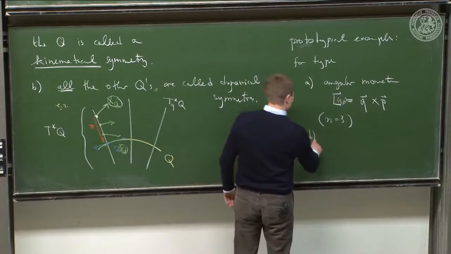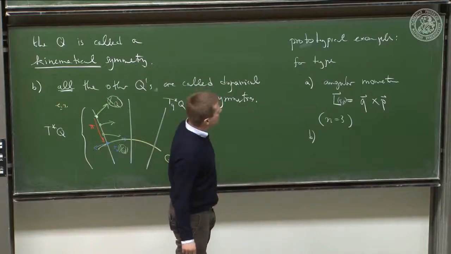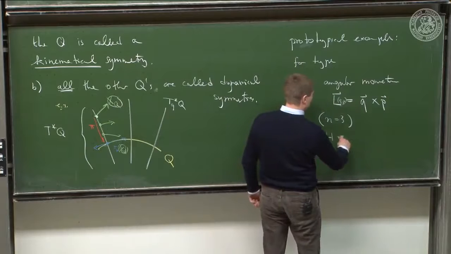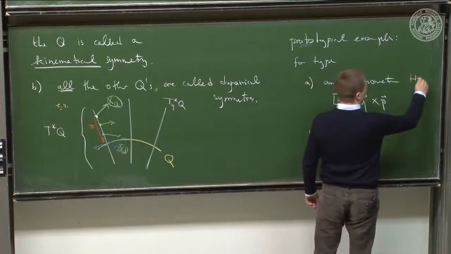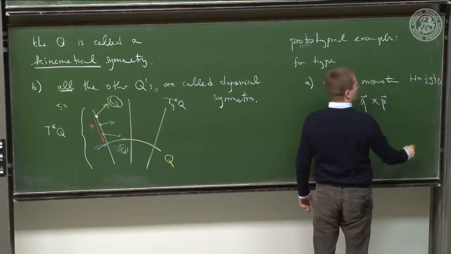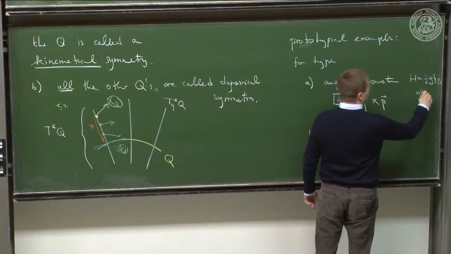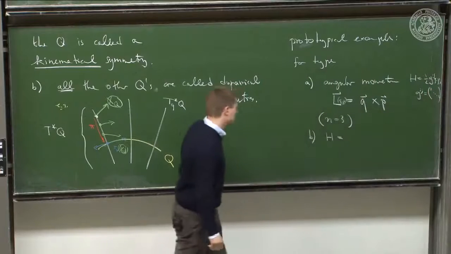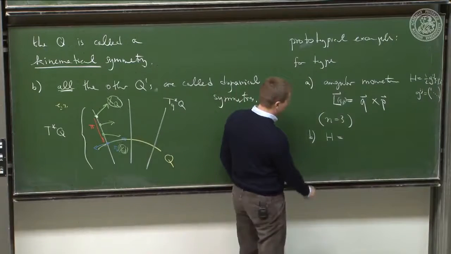That's this. And a prototypical example for type B is if you have a Hamiltonian, say, 1/2 G_ij P_i P_j, and the G_ij in the chosen coordinates is unit. Well, I shouldn't say unit, it's the Sylvester form.